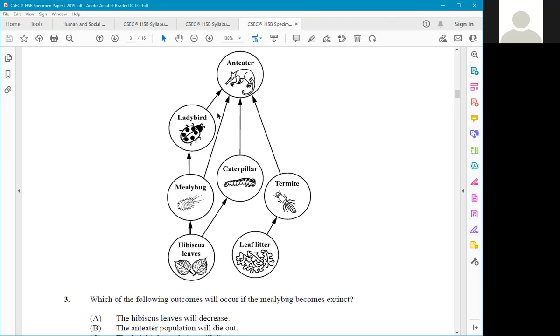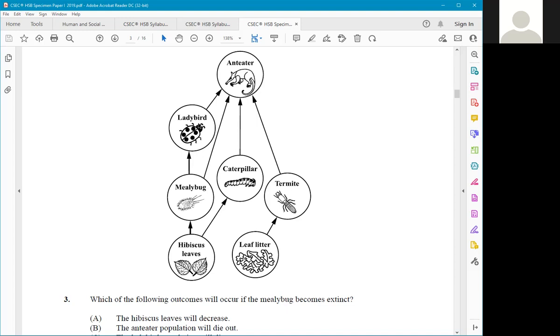So the mealybug is out. It means that this branch of the food web is going to disappear. The anteater no longer has mealybug to eat. A number of things can happen.